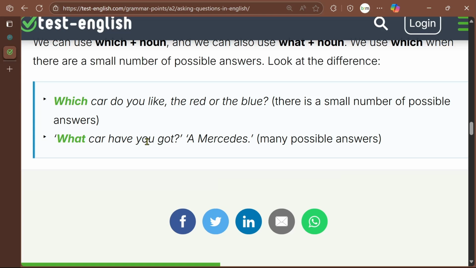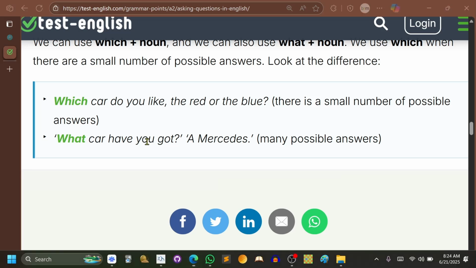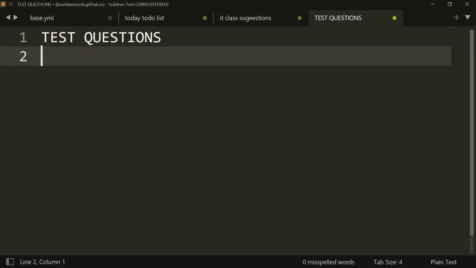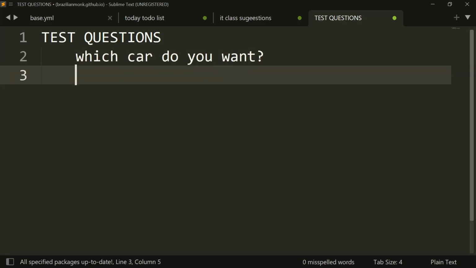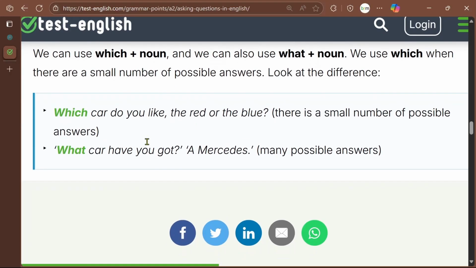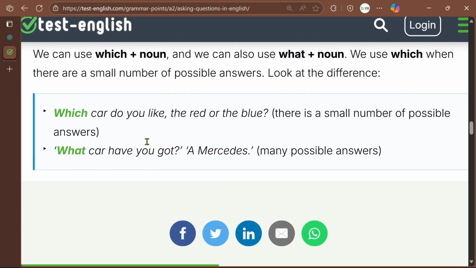Good for the test. You see this test question? Which car do you want? What car do you have? For example, with ten cars, which one do we use? If you have a limited amount, I feel which would still be okay.